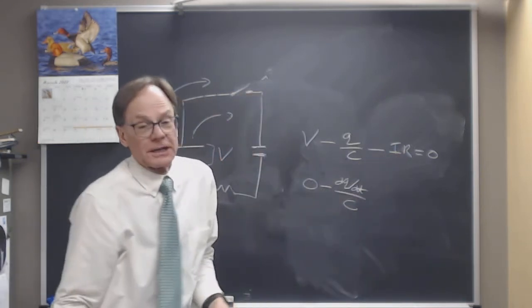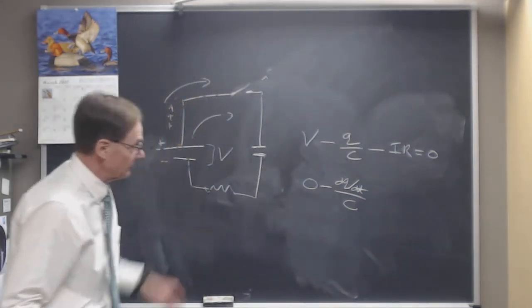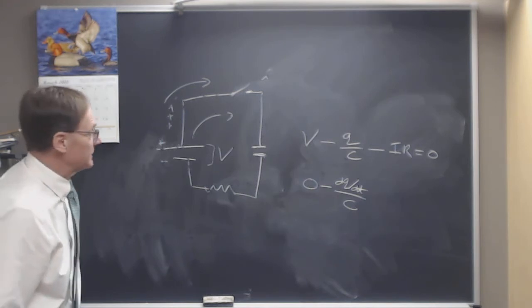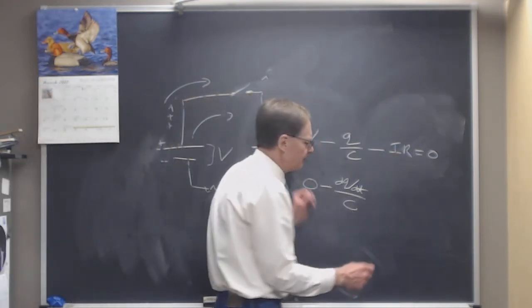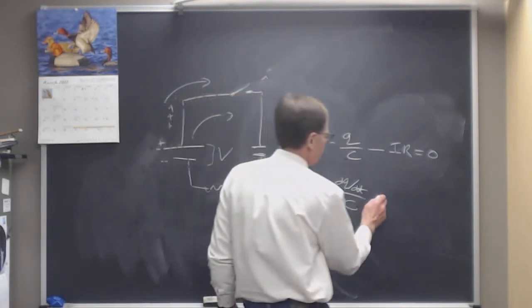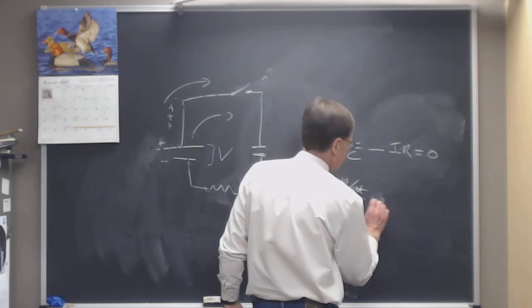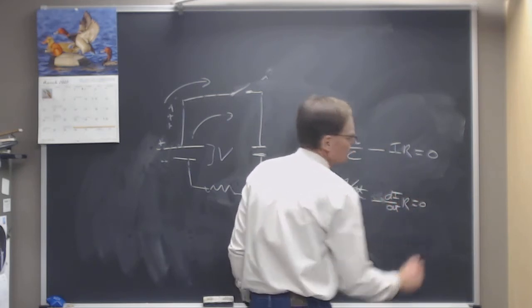That's what we looked for a little bit in the experiment we did in lab last week. So we'll see, it's pretty close to constant. And so the current is going to change with time. As this capacitor still charges up, it's going to shut the current off. And so this is going to be dI/dt R is equal to 0.